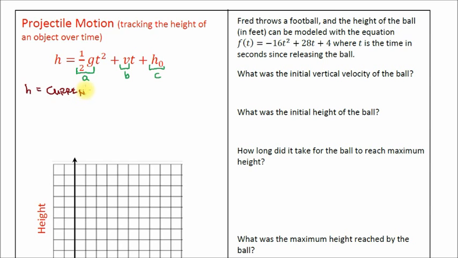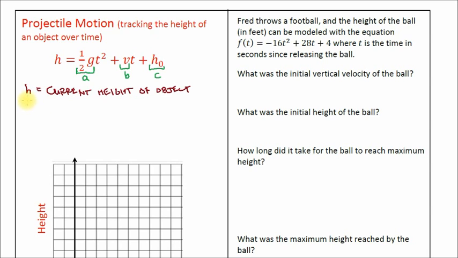It's the current height of the object, whatever it is, football, baseball, soccer ball, anything that we're actually launching into the air. This equation is going to project what that height is.